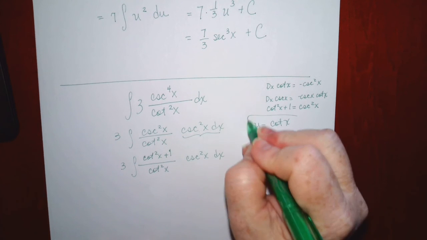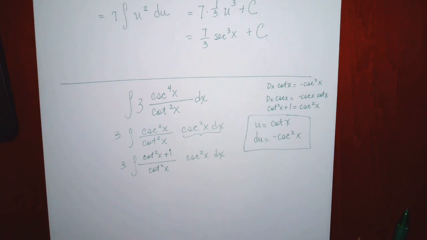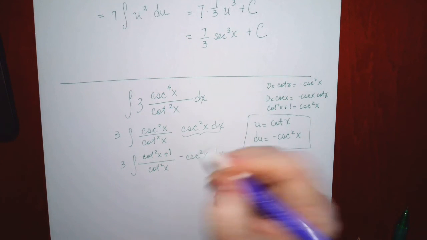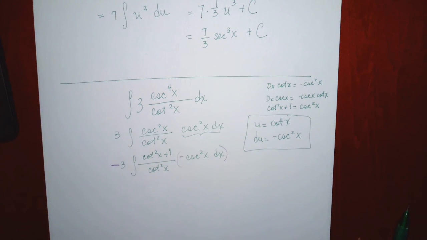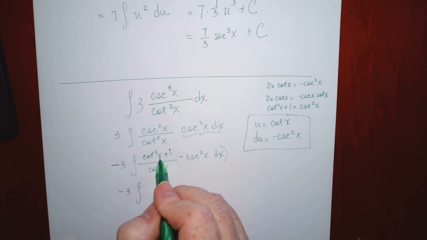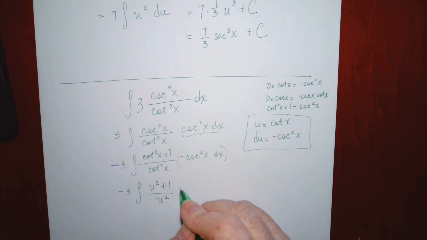So if this is my u substitution, I'm going to need to multiply by a negative sign in there to get my negative for my derivative, and I'm going to reverse it with a negative sign out front, and I will have negative 3 times the integral of u squared plus 1 over u squared du.